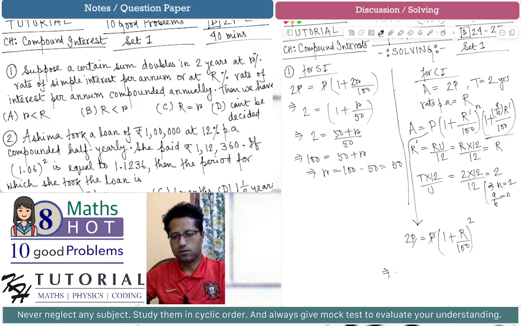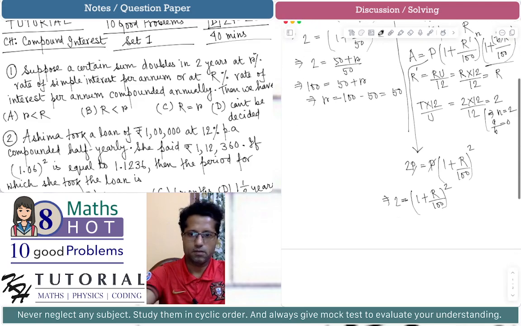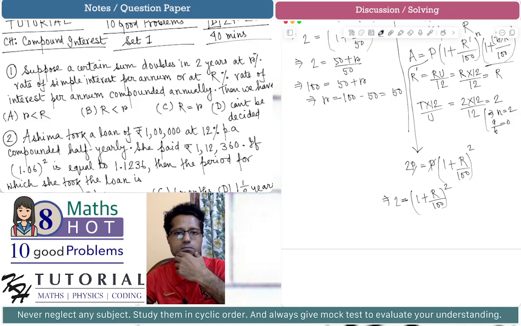So we get 2 is equal to (1 plus R by 100) squared. Okay. Now this implies 1 plus R by 100.